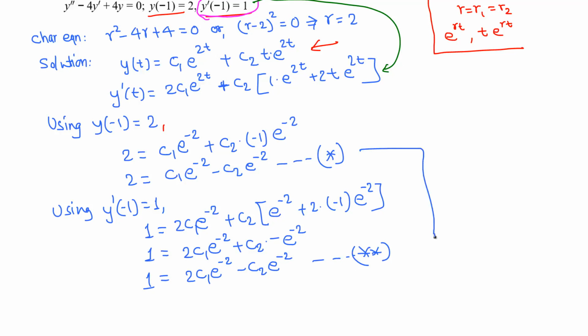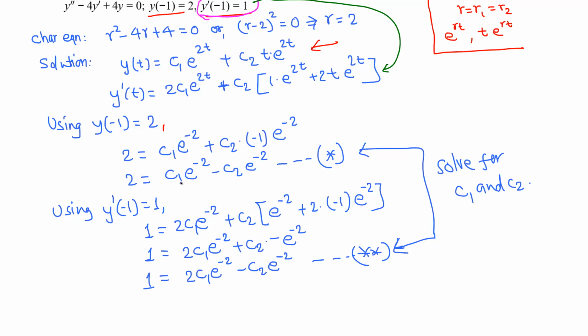Now we need to solve this system of linear equations for c1 and c2. If you look carefully, this second term here and this one are the same. I'm trying to use the method of elimination, to eliminate c2.